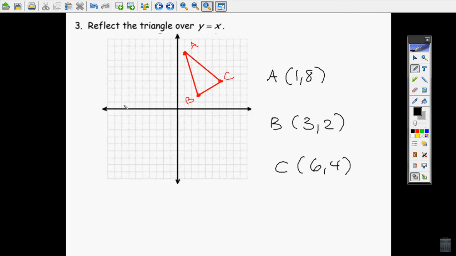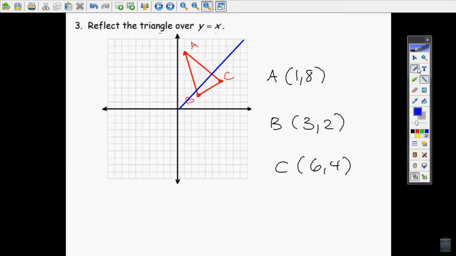All right, number 3, reflecting over the line y equals x. And this is the line y equals x, I hope. I can't see very well. It's pretty close, okay?